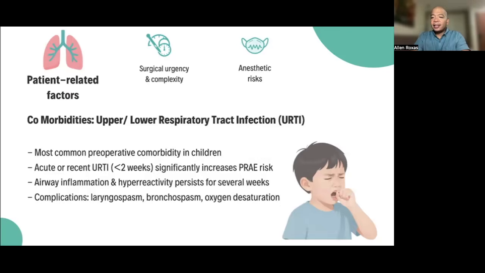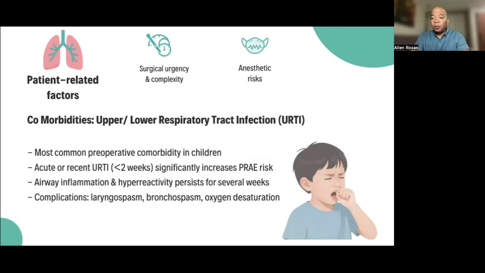Instead, we should ask two key questions. First, where is the child in the course of the illness? For elective procedures, children who have been asymptomatic for at least 2 weeks after an upper respiratory tract infection are generally considered lower risk, whereas recovery of at least 4 weeks is preferred after a lower respiratory tract infection.